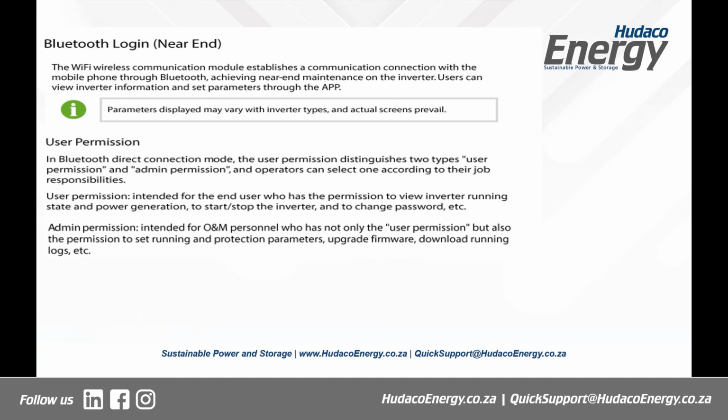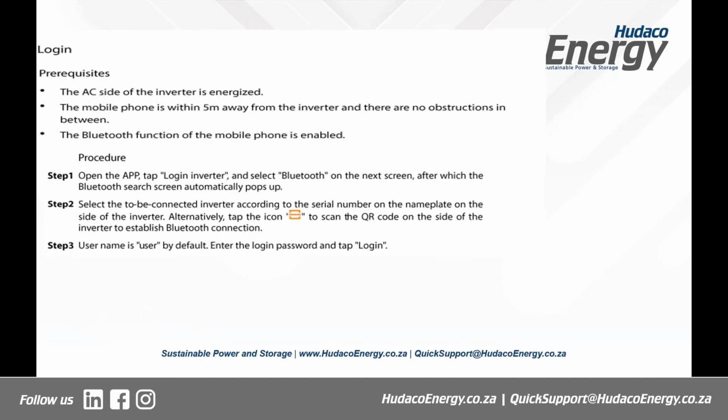So if you're using Bluetooth login, you still need to make sure that your AC side of the inverter is energized and your mobile phone is within 5 meters from the inverter, and you shouldn't have obstructions between you and the inverter, because remember, Bluetooth is limited in terms of distance and also the materials that it can penetrate. And your Bluetooth function on the phone must be enabled.